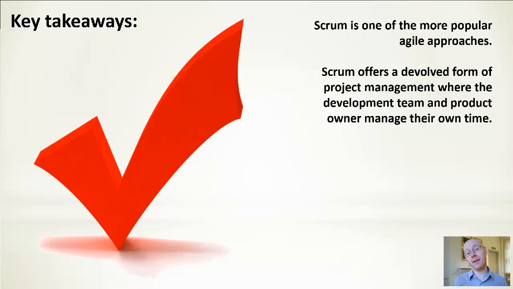It is a devolved form of project management, similar to basically all of the other Agile and Lean approaches. So it's the development team and the product owner who are the key individuals that decide what gets to be done, how long things will take, and they have a shared responsibility to then deliver on these different targets.